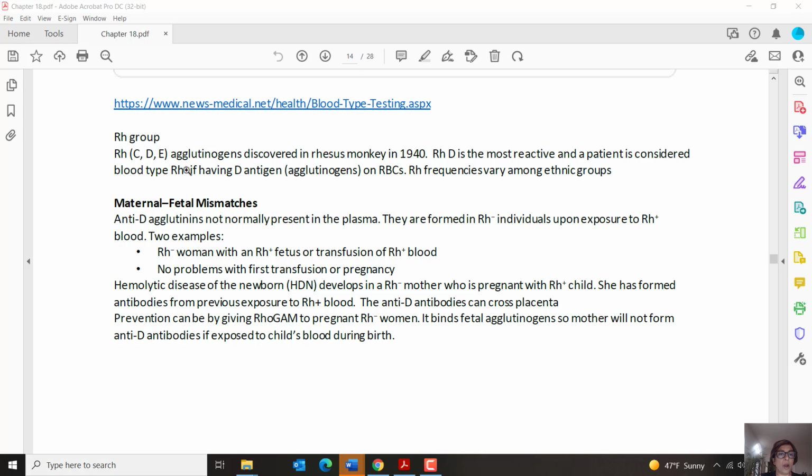Anti-Rh antibodies are not normally present in the plasma, not like the ABO group. We are born with antigens and antibodies for the ABO blood group, but for Rh, we are not born with them.